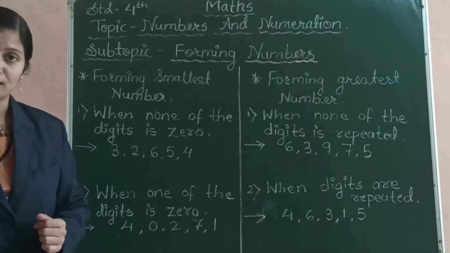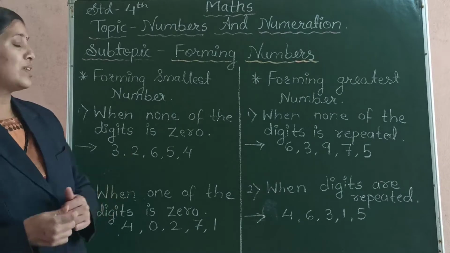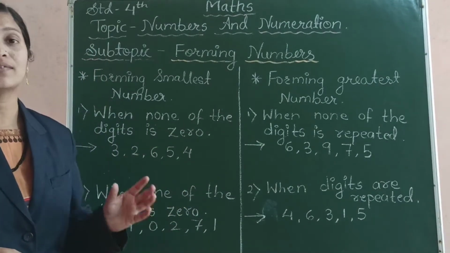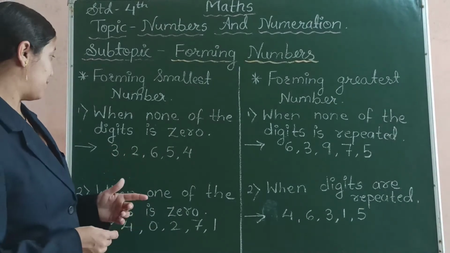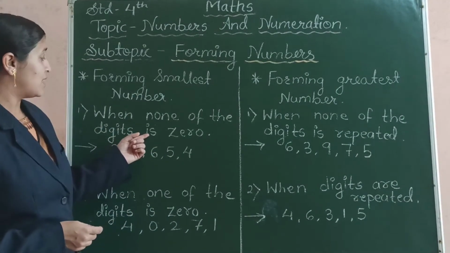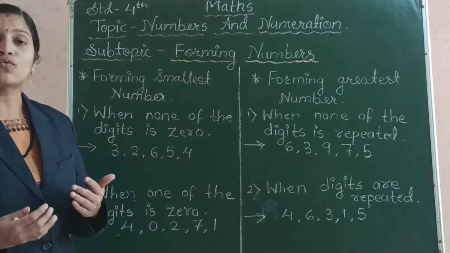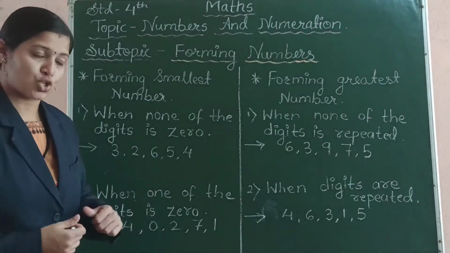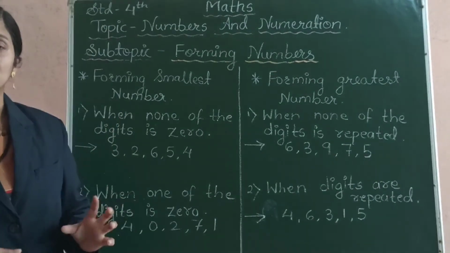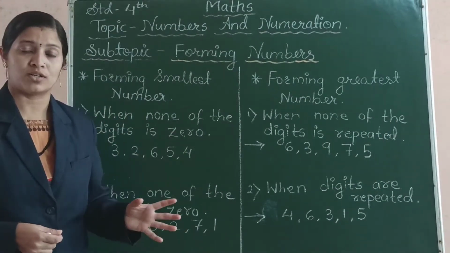6 digit numbers. So the first rule is that when the digits given to you do not have a 0 in them. So when none of the digits that are given has a 0, how to form the number in such a situation? As per the rule, we have to arrange the digits in ascending order.